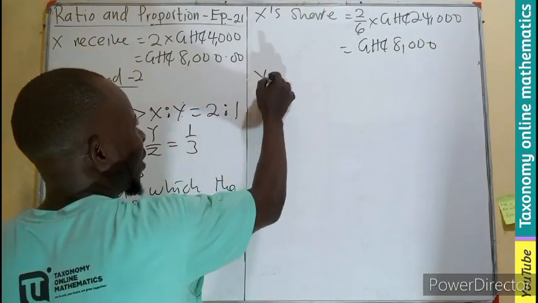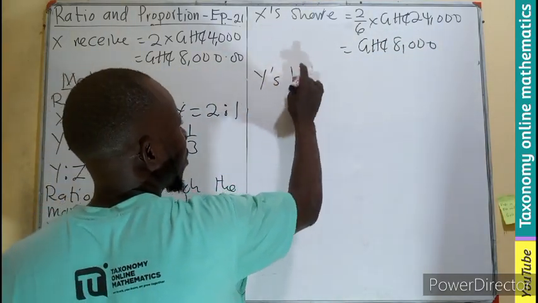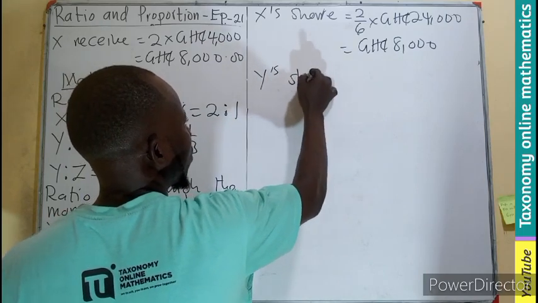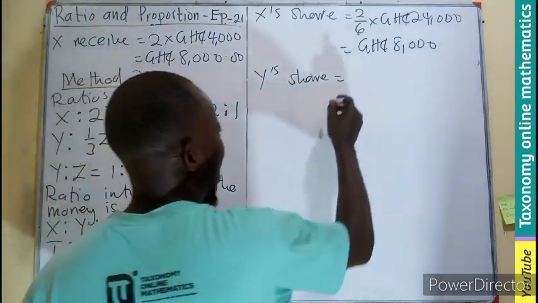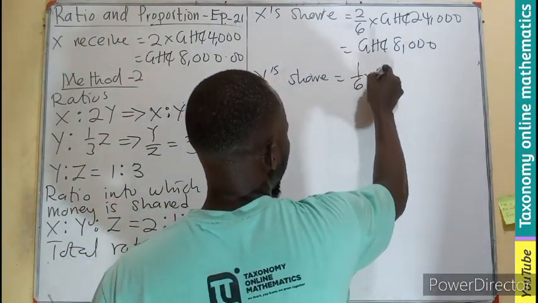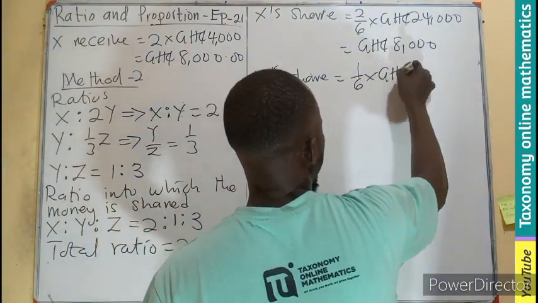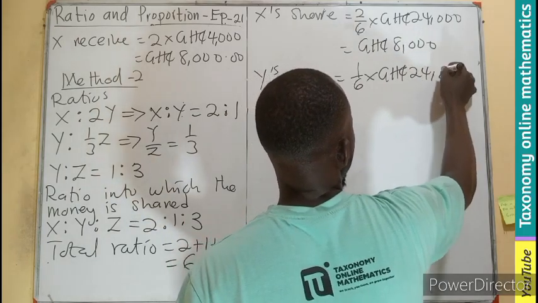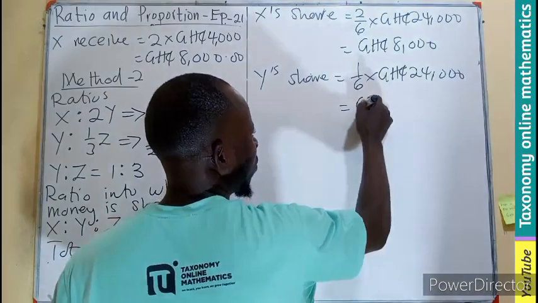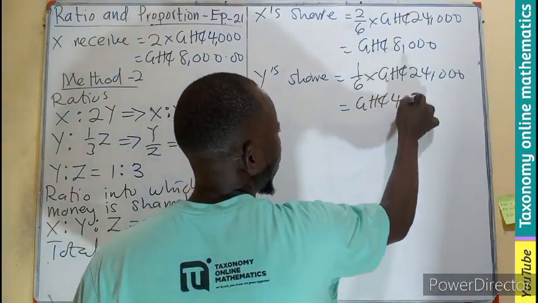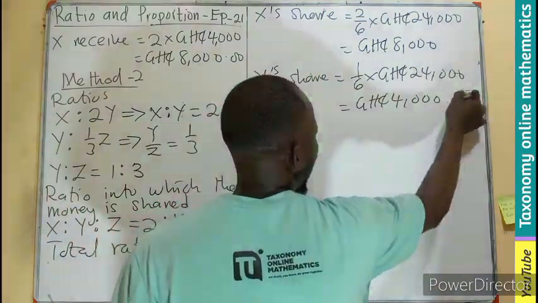Then we go for Y. The ratio corresponding to Y is 1 out of 6, multiplying 24,000. 6 goes into 24 four times, so we are left with 4,000.